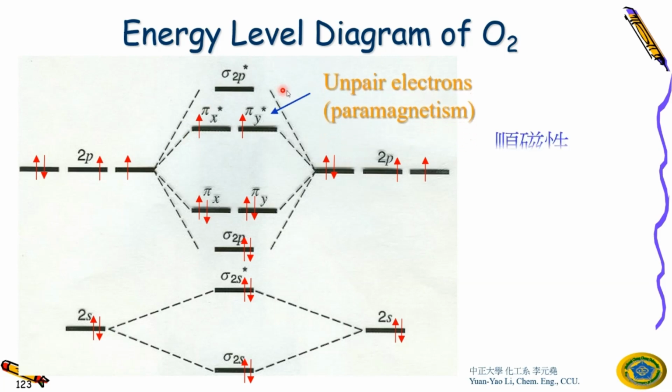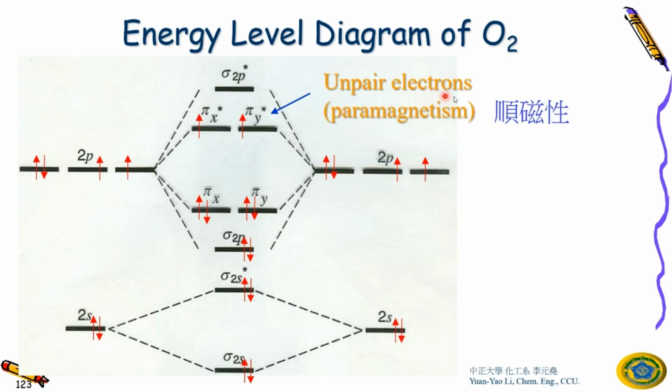So these are called unpaired electrons. Ladies and gentlemen, this is very important for you to identify what kind of molecule is magnetic, and what kind of molecule is not affected by a magnetic field.